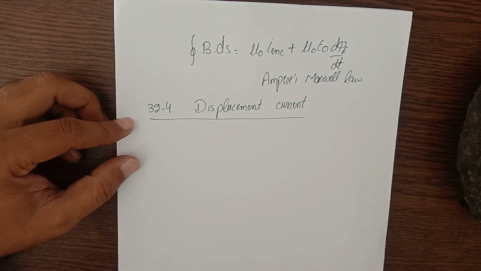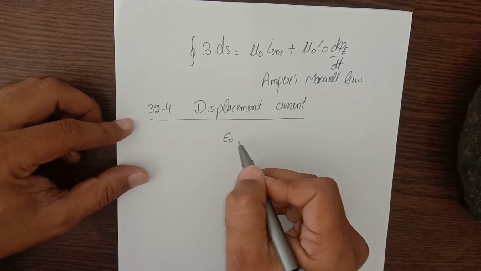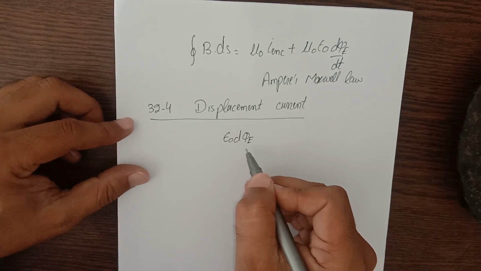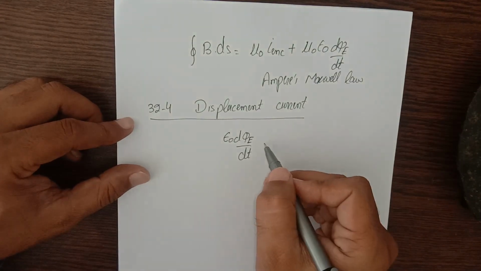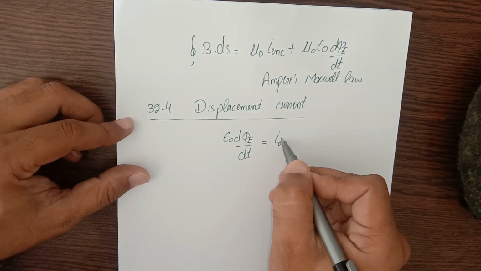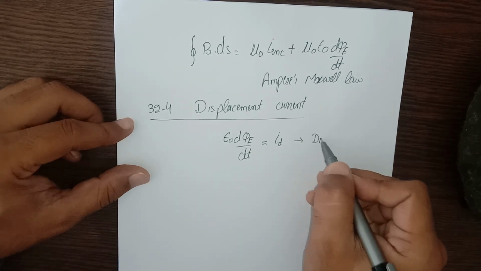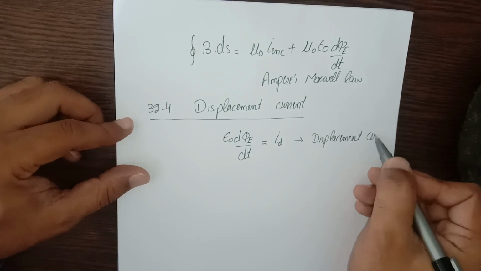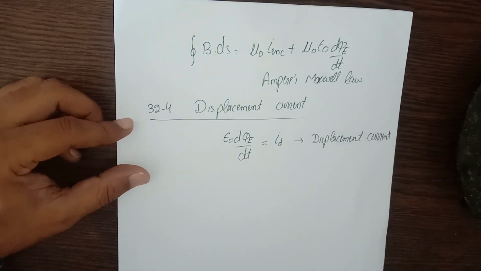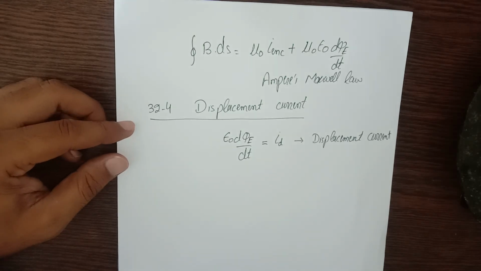I coined a term and said that epsilon naught d phi E by dt has the same unit as that of current, and this current is actually known as I sub d, or displacement current. And Maxwell contributed in this form to introduce the displacement current in Ampere's law.